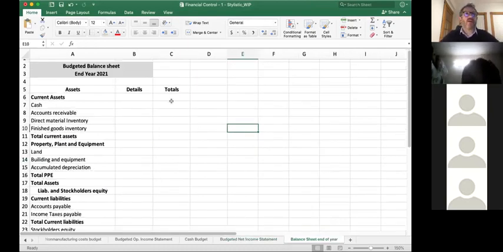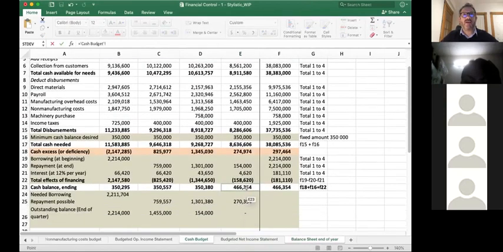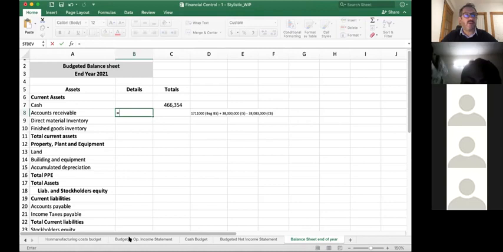Okay, so for the cash from the balance sheet, it's of course the ending cash of Q4. So for the accounts payable, actually, for the accounts receivable, sorry, it's what we have in the beginning balance sheet. I could have put the beginning balance sheet somewhere.